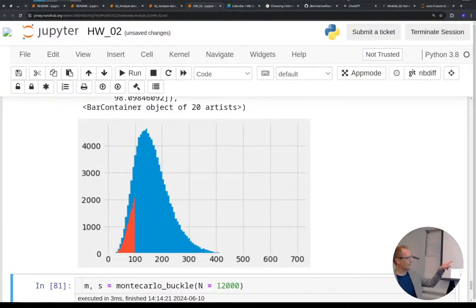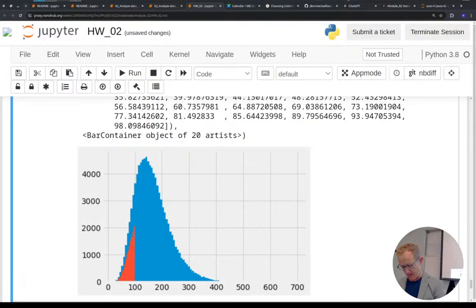And I can even look at a histogram of just the stuff that was less than 98.1. Or I could just ask, all right, well, how many?